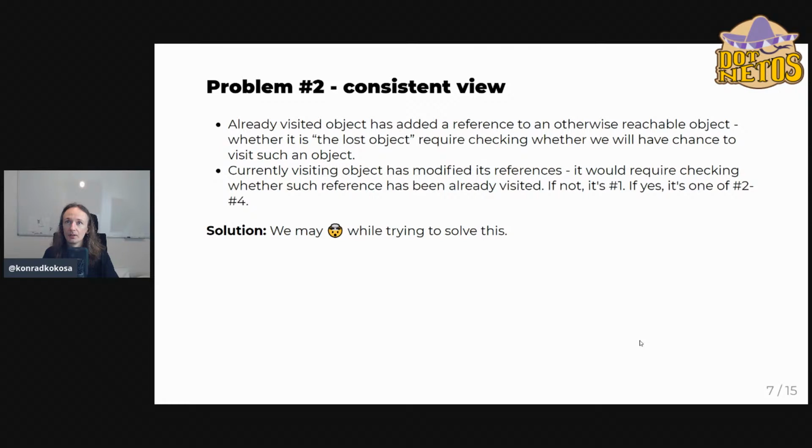Okay, so solution. So coming back to our consistency view. We have a lot of situations now covered. We know that if we have not visited an object so far and we are changing its references, that's fine.